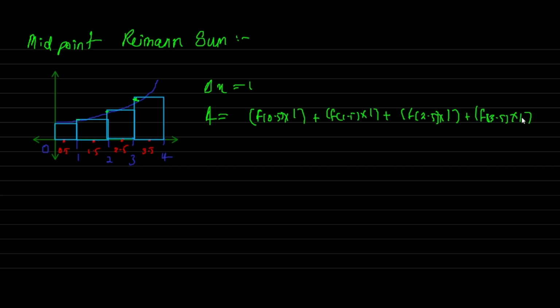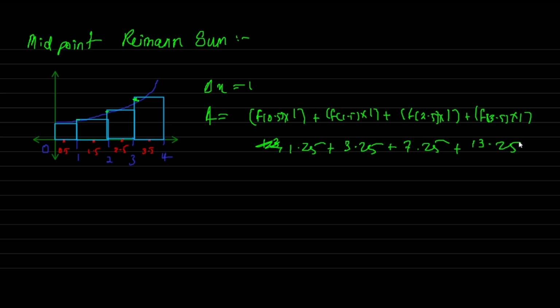So, solving this, we have x squared plus 1, and we input 0.5, so we get 1.25, plus 3.25, plus 7.25, plus 13.25.